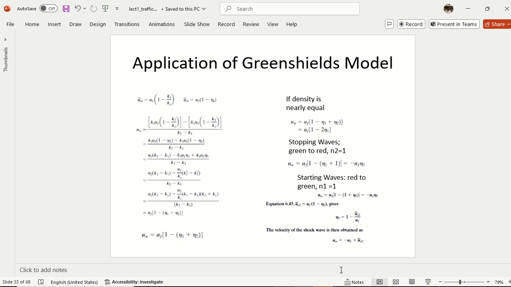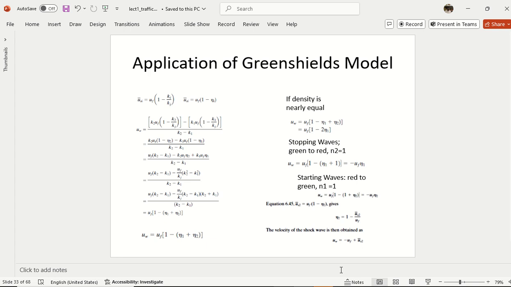If the signal goes from green to red, then eta 2 will become 1 and you have this final equation. If it goes from red to green, then eta 1 will become 1 and this is my final equation.